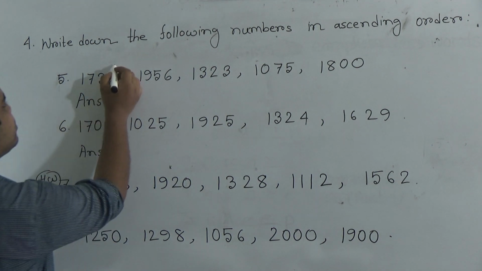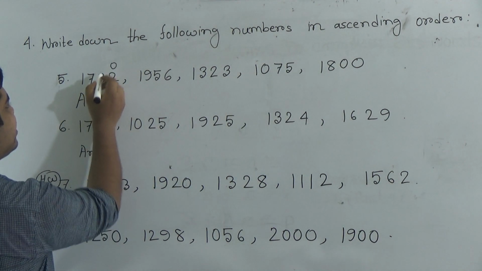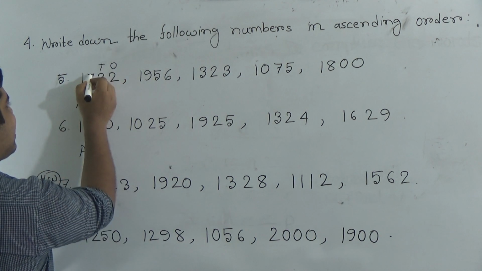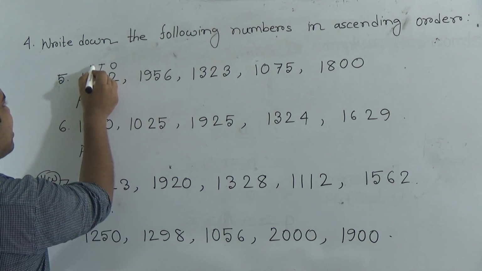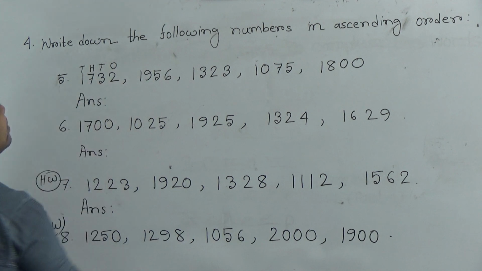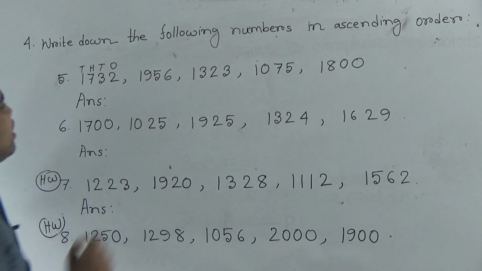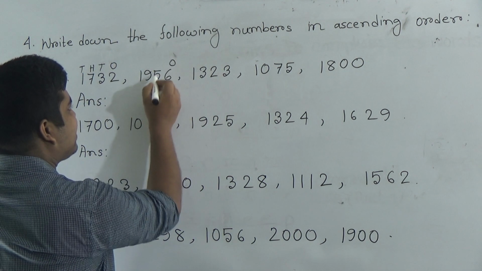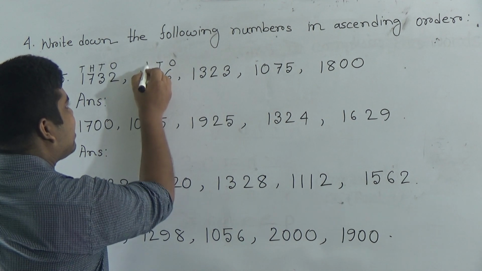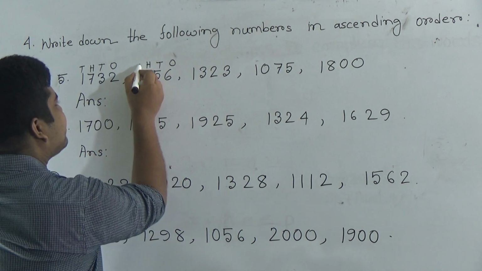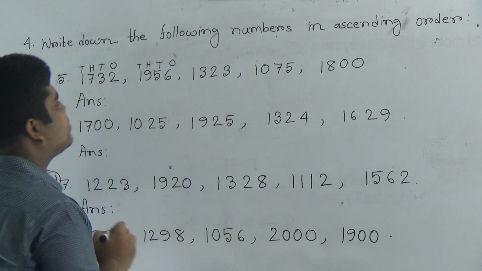Here 2 is in the ones place, 3 is in the tens place, 7 is in the hundreds place and 1 is in the thousands place. Similarly, 6 is in the ones place, 5 in the tens place, 9 in the hundreds place and 1 in the thousands place.